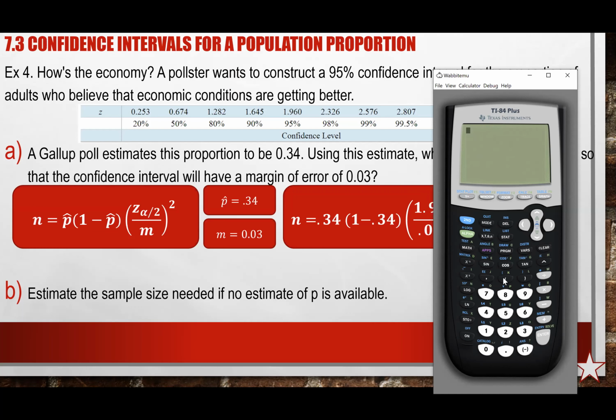So open parenthesis 0.34, close the parenthesis, open parenthesis 1 minus 0.34, close the parenthesis, open parenthesis 1.96 divided by 0.03, close this, and then square.